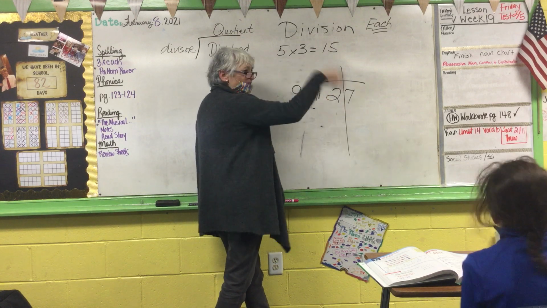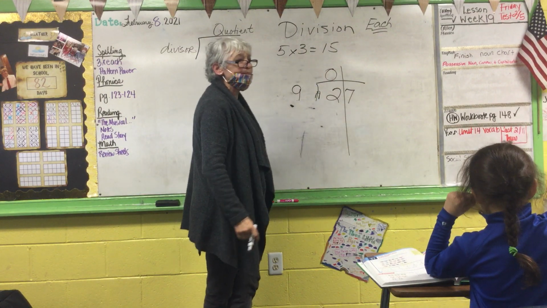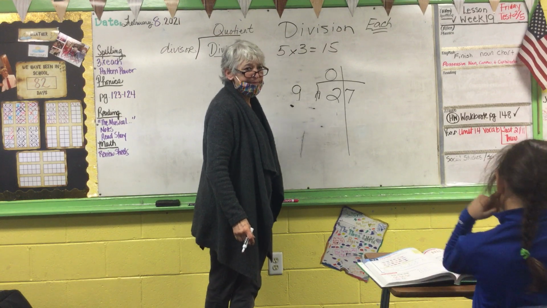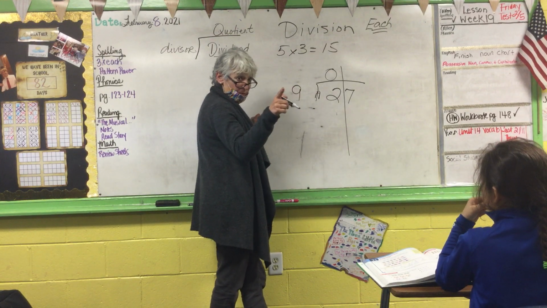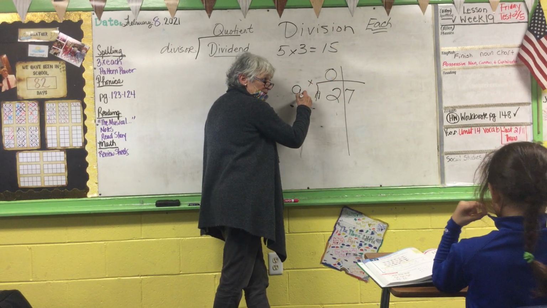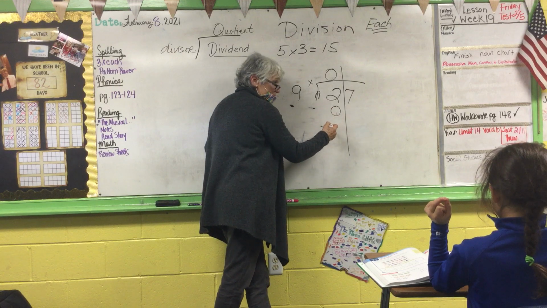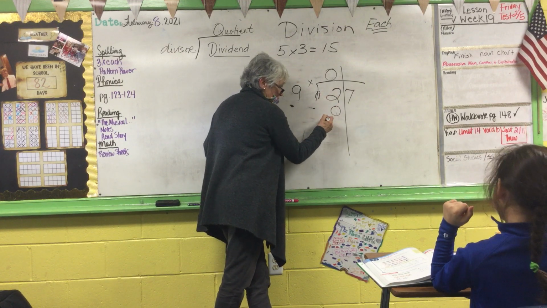No. Not gonna happen. Gotta put that placeholder up there. Put that 0. All right, after we divide, what's the next thing we do? 0 times the 9. Anything times 0. Put that 0 under that too.